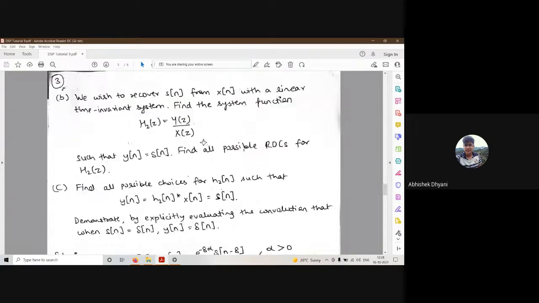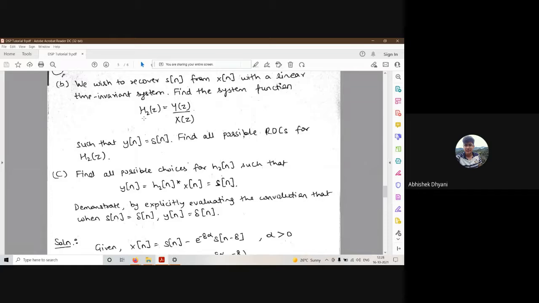Let's look at the second part of this session. Now it says that we wish to recover s of n from x of n. Remember that we had given s of n to some system which had an impulse response h1 of n, and we got x of n.